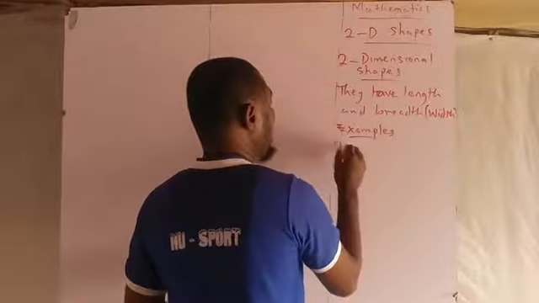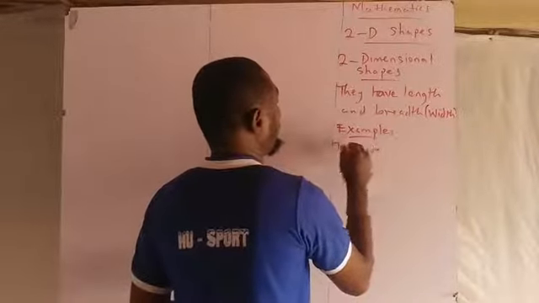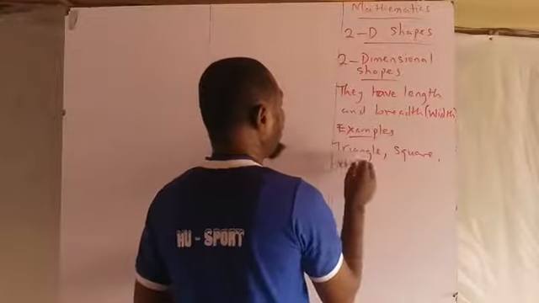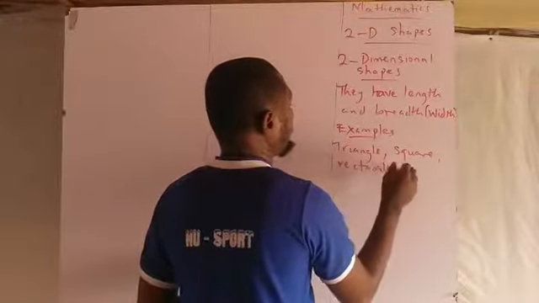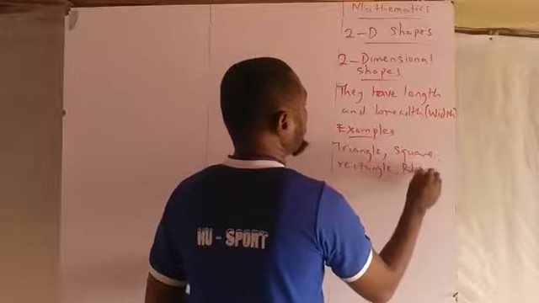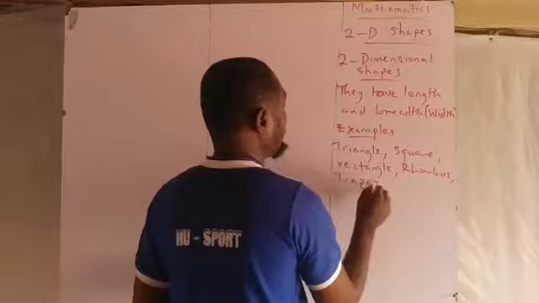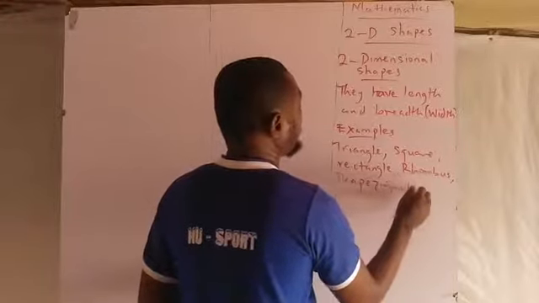I said triangle, square, rectangle, rhombus, trapezium, circle.